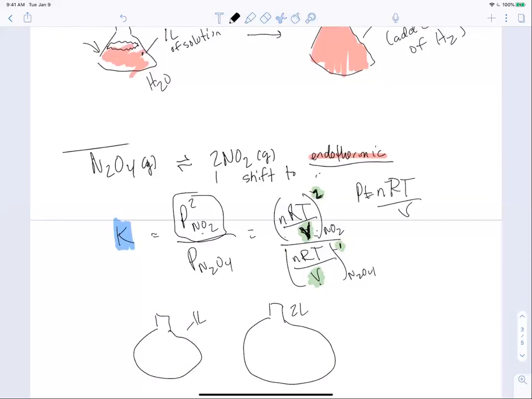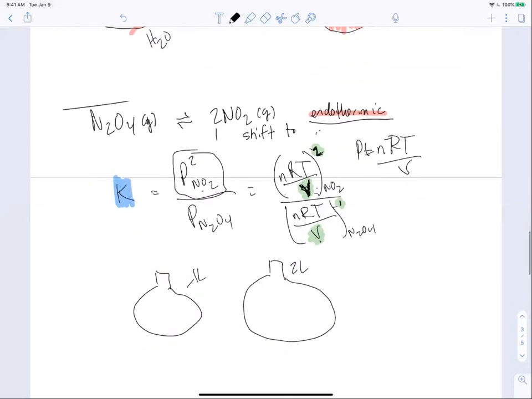Or you could say the magnitude of change, maybe that's a better way to say it. The magnitude of this change in volume will be larger.